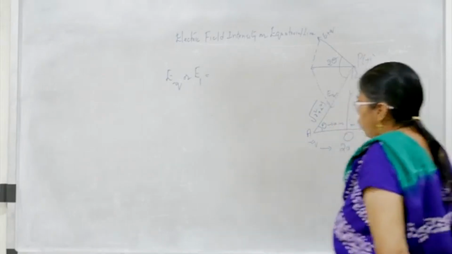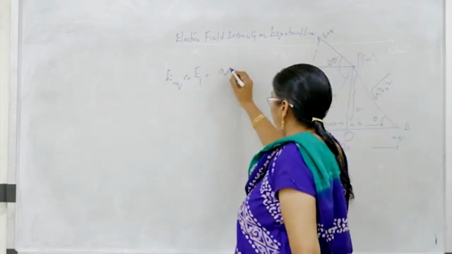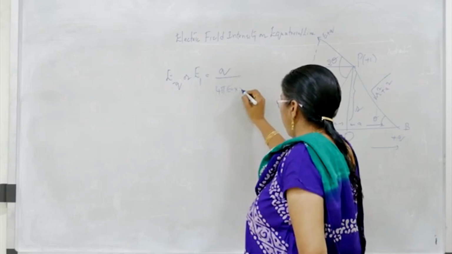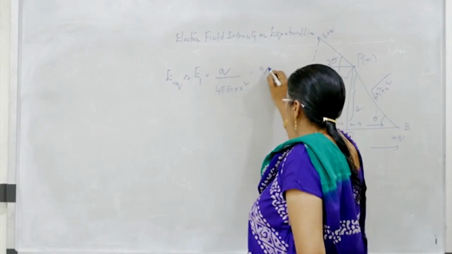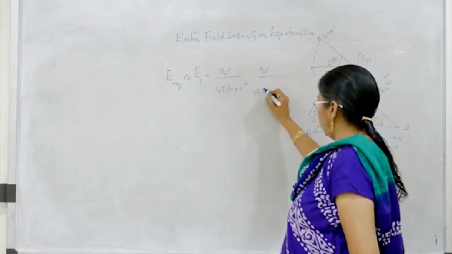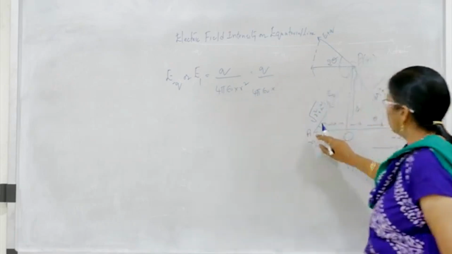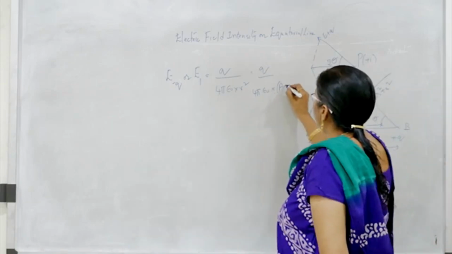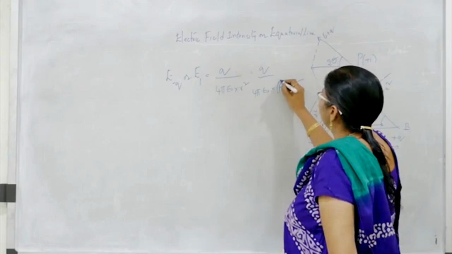I use the formula q upon 4 pi epsilon naught into r square, so this is q by 4 pi epsilon naught into AP whole square.